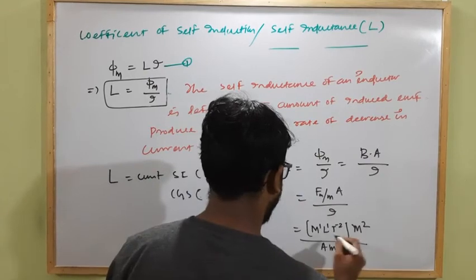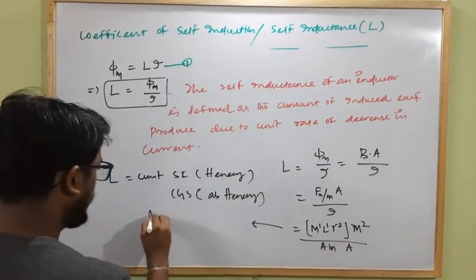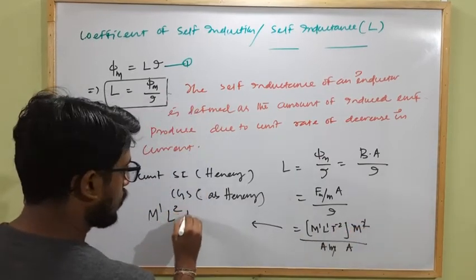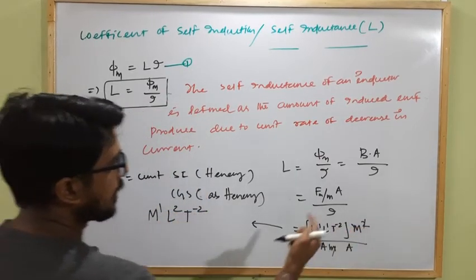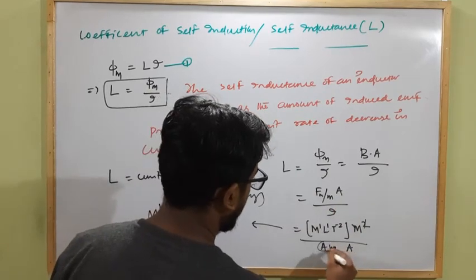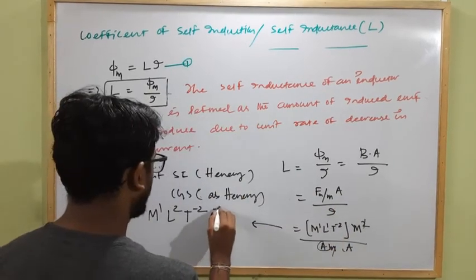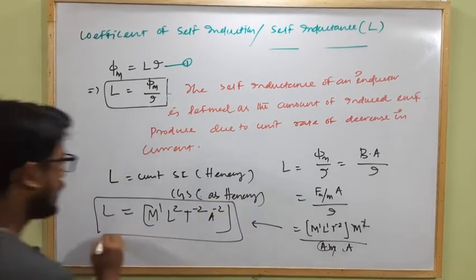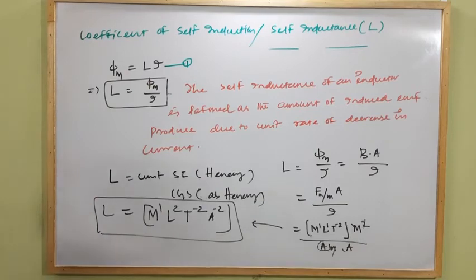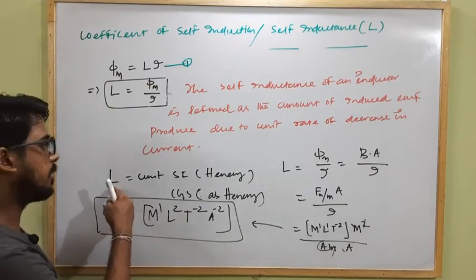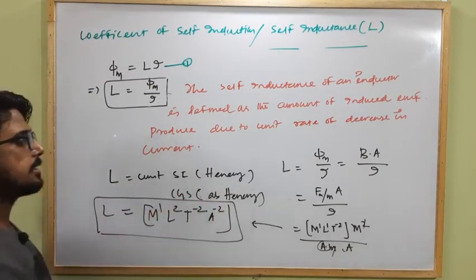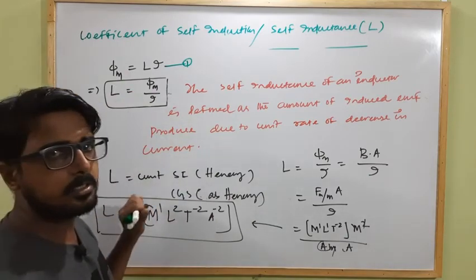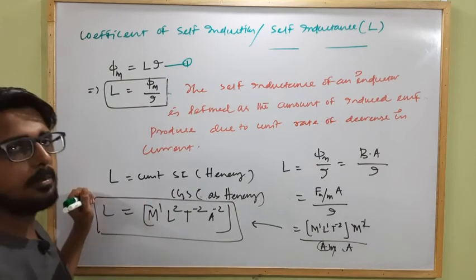So it will become M1 L2 T minus 2 A minus 2. So this is the dimensional formula of self inductance, that is M1 L2 T minus 2 A minus 2, and this is the unit of self inductance, that is Henry, and in CGS it is Ab Henry. Clear? So this is all about self inductance of an inductor and what is self induction.